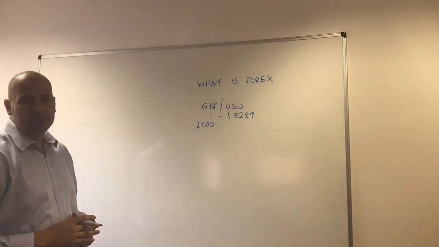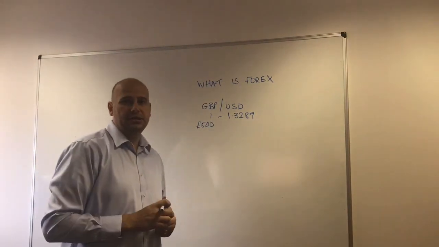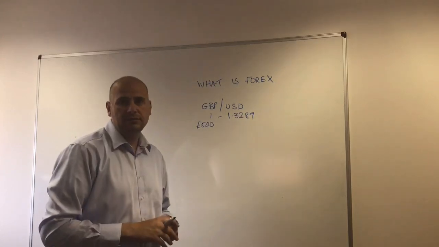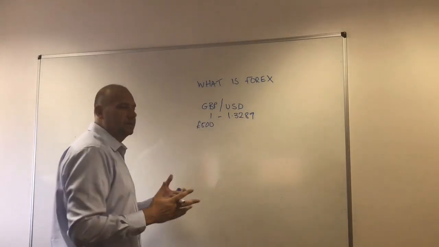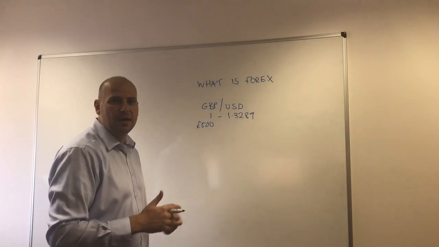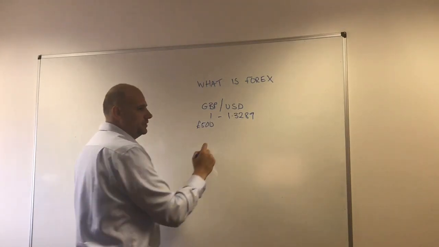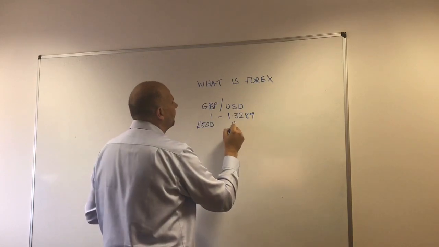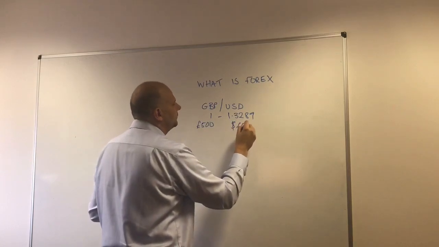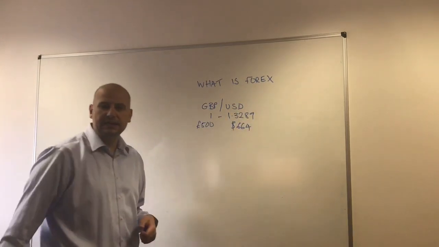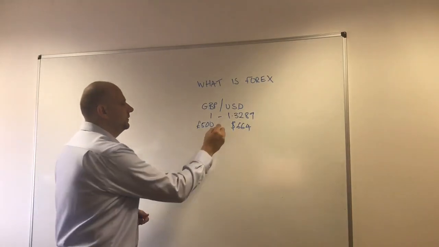So if you went to a foreign exchange currency broker, they have them in the supermarkets now or at the airport, and you took your £500, you would receive $664 in some sense for your £500.